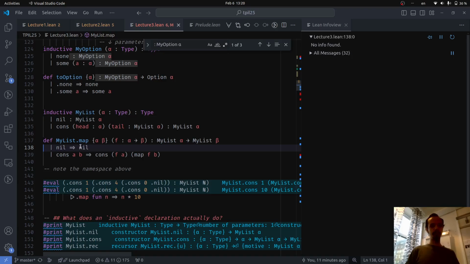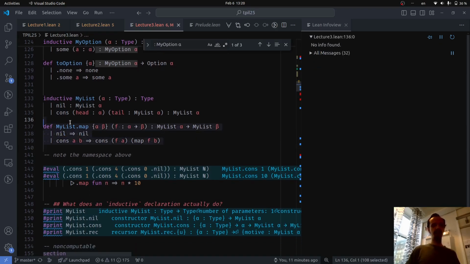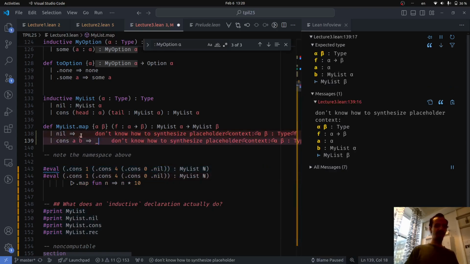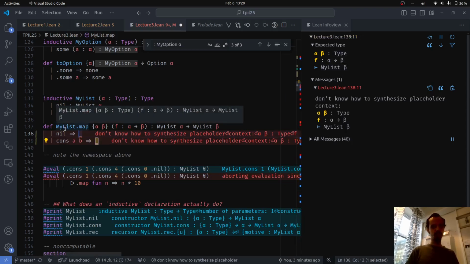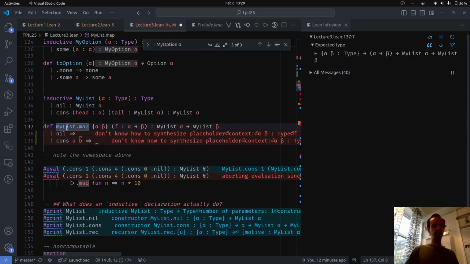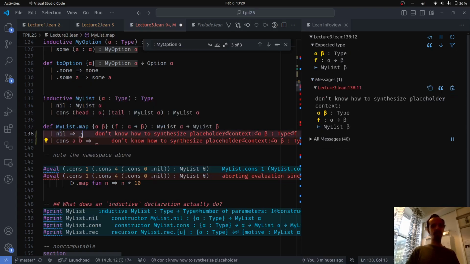And here we can see the way you can write a recursive function by just pattern matching on the elements of my list.